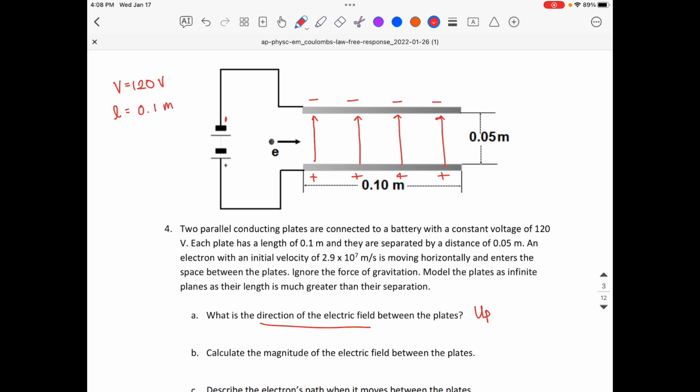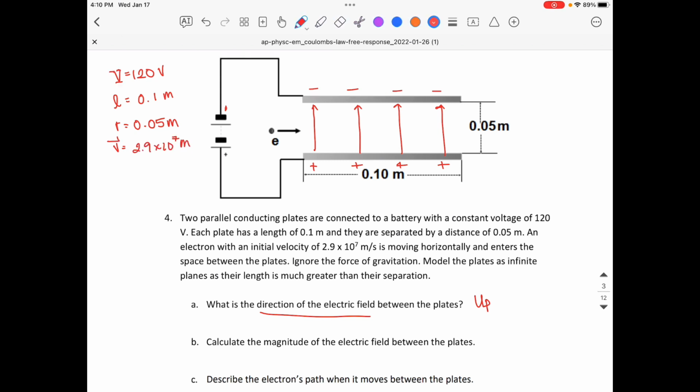And the distance between the plates is, I'll call that R, 0.05. And then we've got a velocity of an electron of 2.9 times 10 to the 7 meters per second.